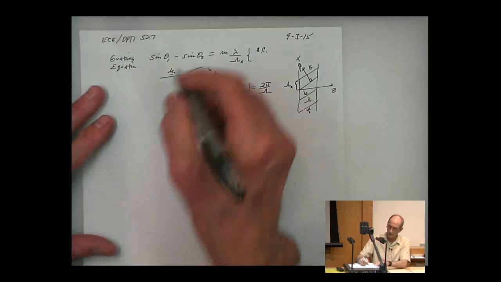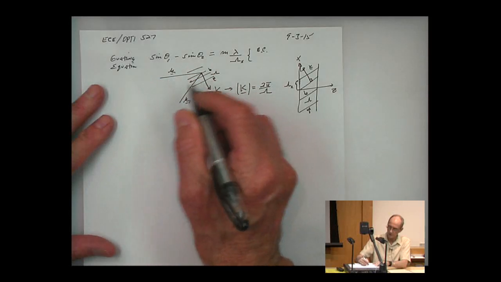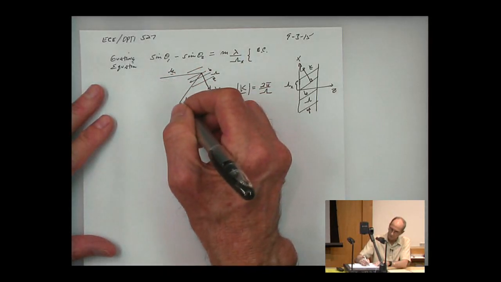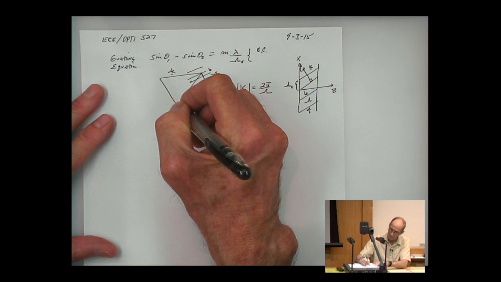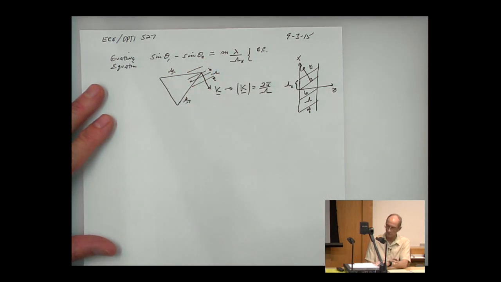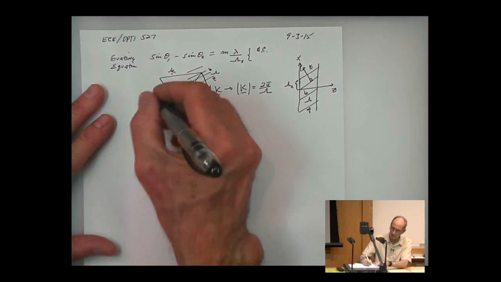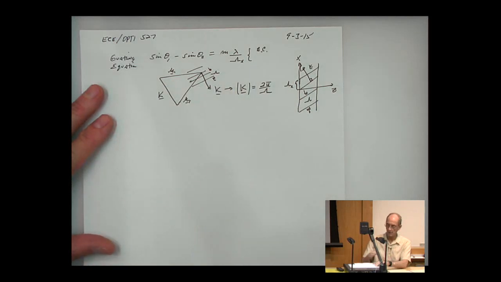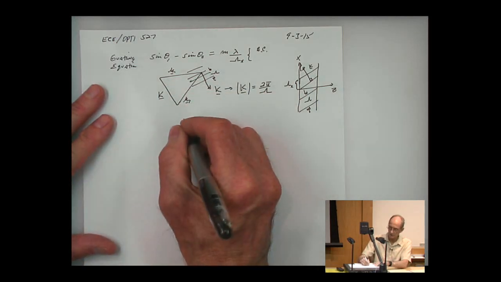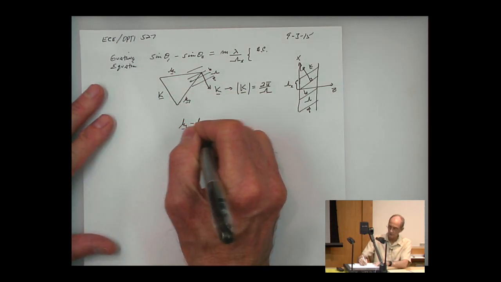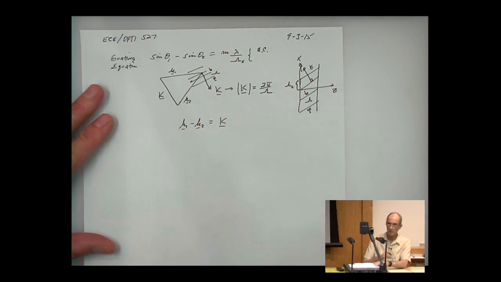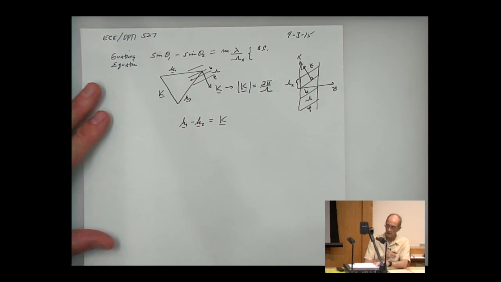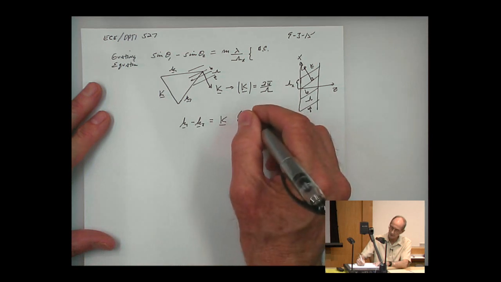If we look at our construction here again, we end up with a nice, simple but very useful vector relationship where the difference K1 minus K2 is equal to that grating vector.